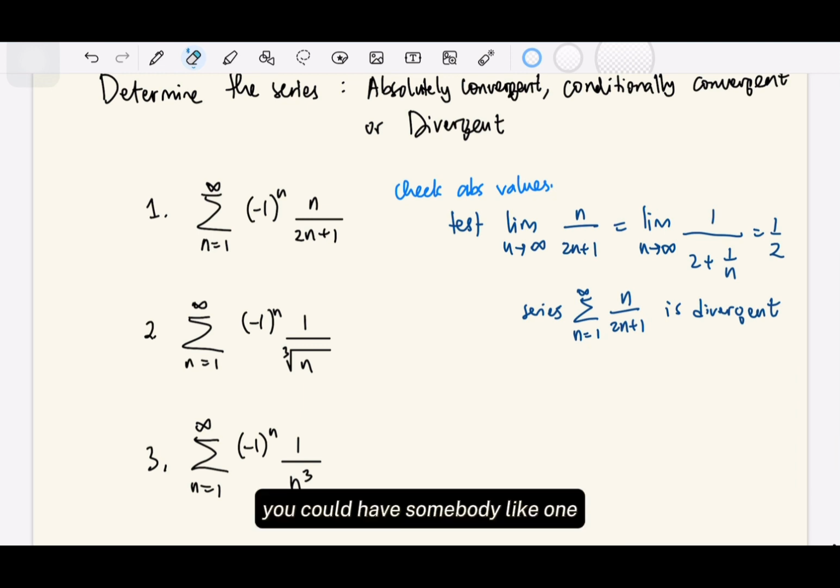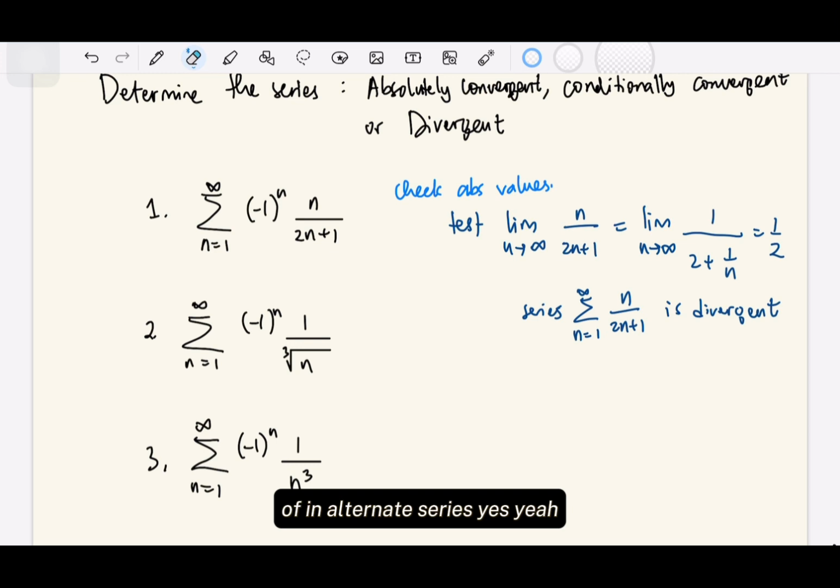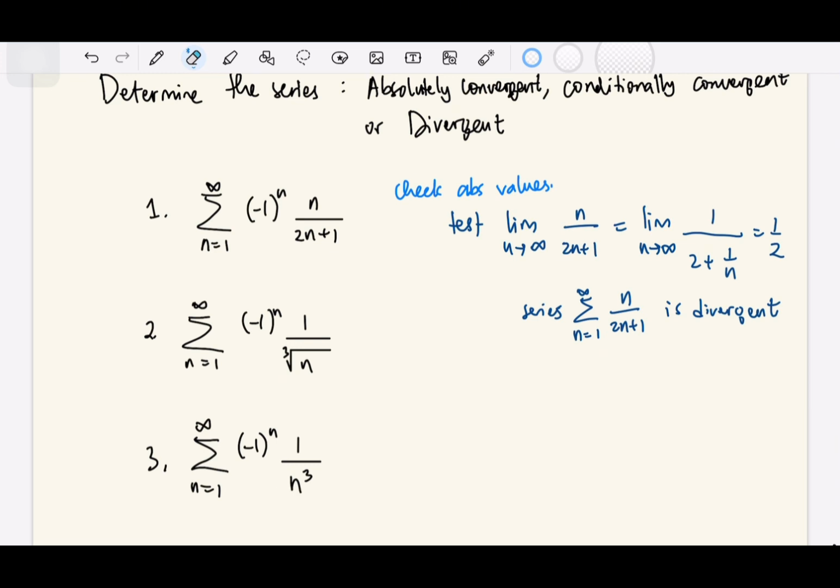If we have some value like 1 over 2 in the alternate series, it is divergent. But if we have 0, it will be convergent. In alternate series, yes.